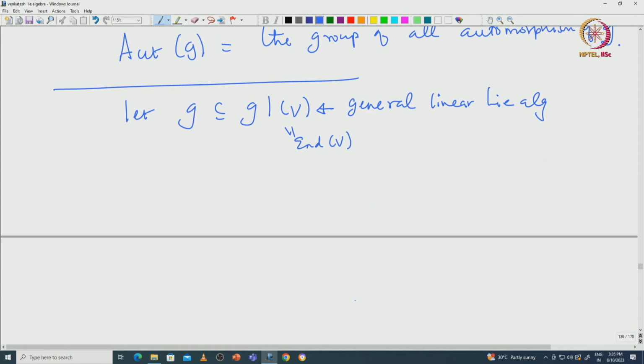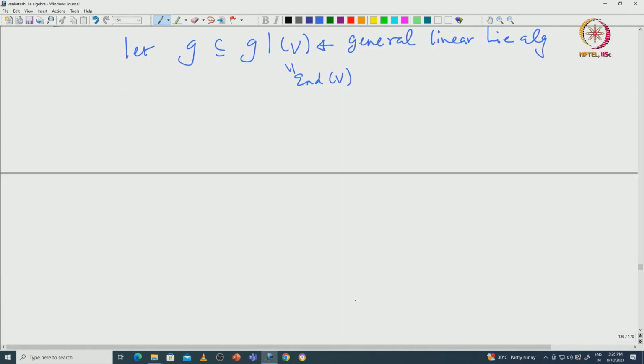Now G is a subalgebra of this general linear Lie algebra. Then the algebra structure on the endomorphisms of V helps us create lots of interesting Lie algebra automorphisms of G. For example, you start with some x inside this GL(V). Let us say that it is invertible. Let us use a different notation: for invertible linear operators on capital V, we use capital GL(V). Okay.